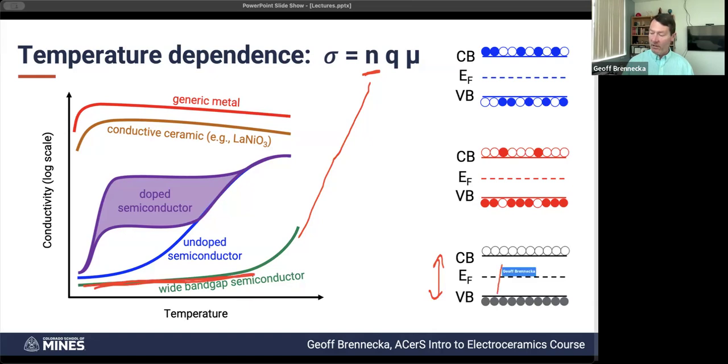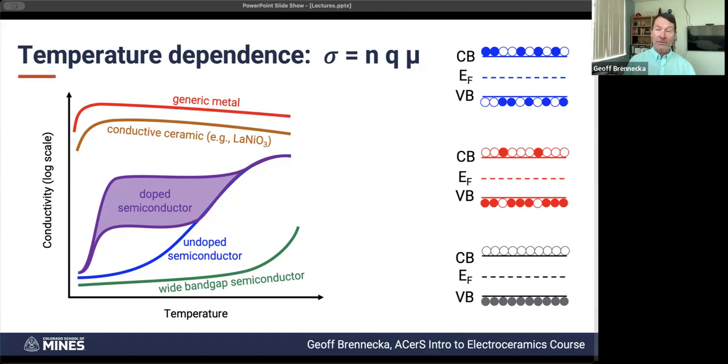We get one more electron, we get one more electron, and finally we get to the point where the exponent of 1 over T, the temperature activation of carriers, is finally starting to take off. But for a wide bandgap semiconductor, that may take several hundred degrees C, or 1,000 C, or 1,500 C, or who knows, depending on the bandgap. You can calculate that from the Fermi-Dirac distribution if you care.